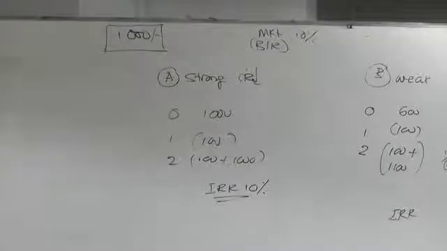Let's take 20%, 25%, 30%. Better to take 30%. If you take 30%, it is 677, not enough.